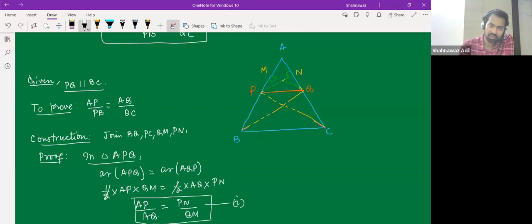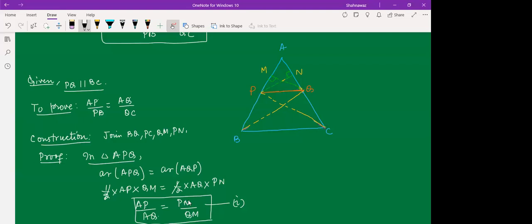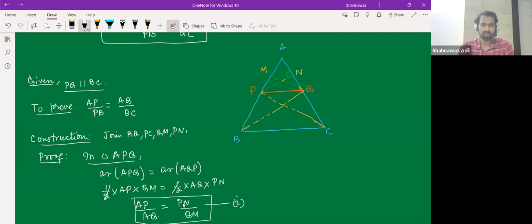And these are the unwanted sides, PN and QM, right? We don't need this. Is that right, guys? Yes, sir. So we need to get rid of these PN and QM. So this is our goal as of now.